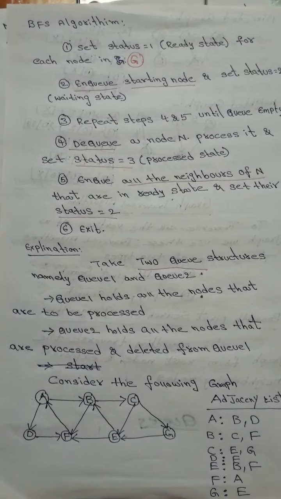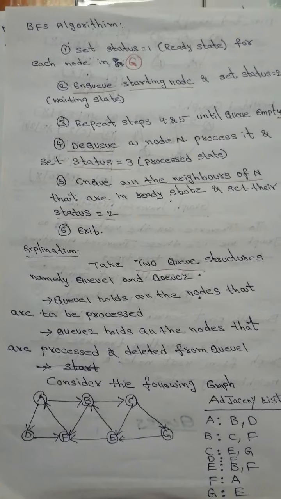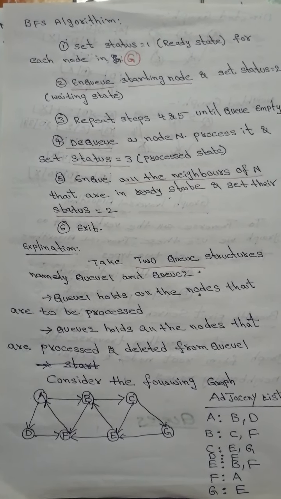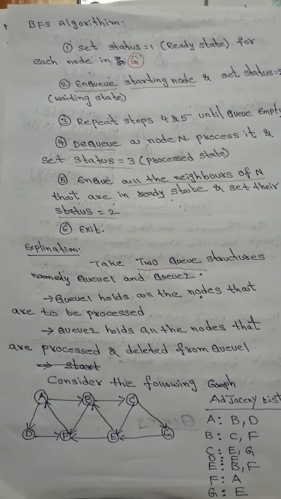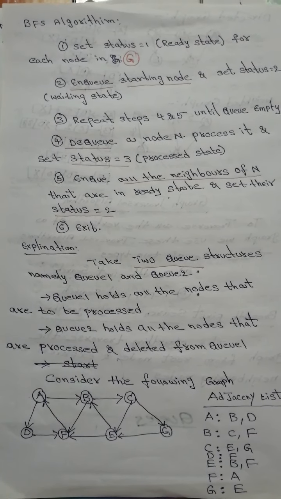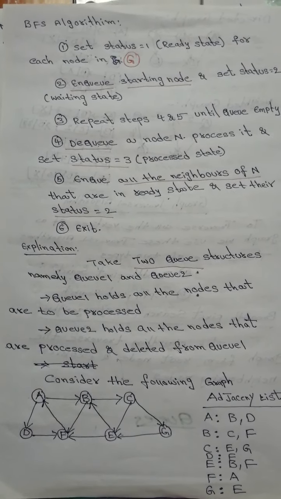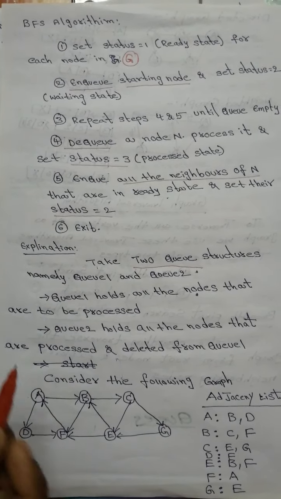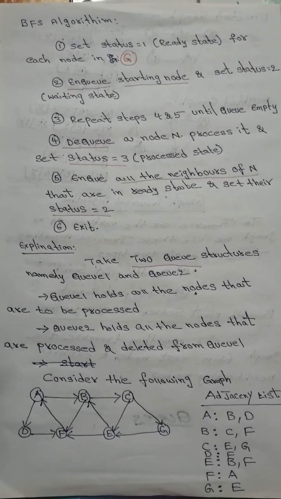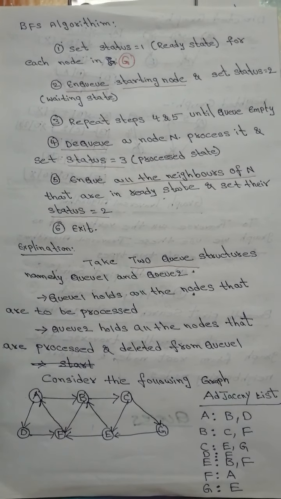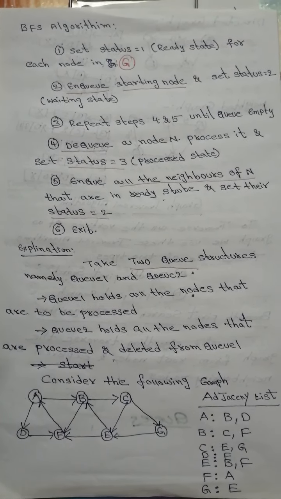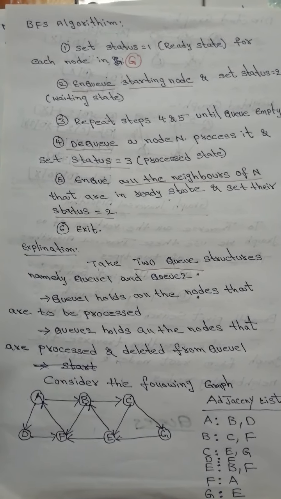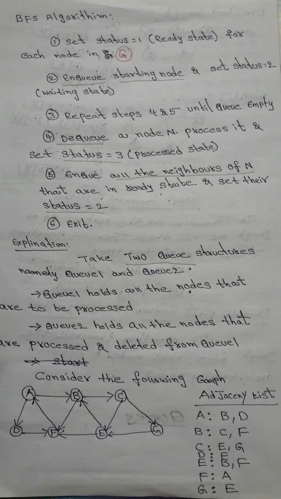The second queue is only used for storing the deleted nodes. Such that we will be able to identify the path from the deleted queue, the second queue which has the deleted nodes.